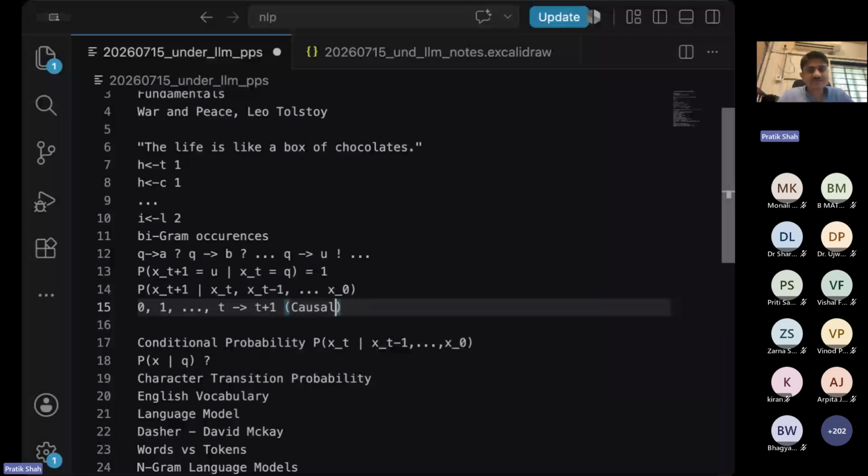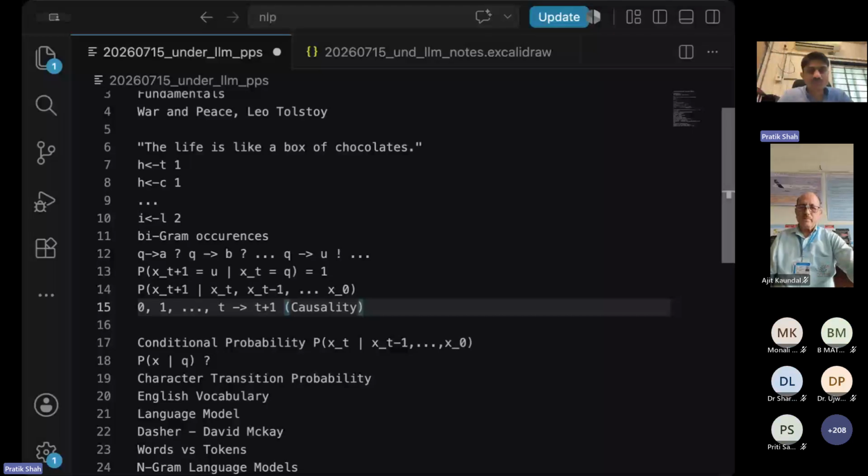Cause and effect essentially means something happened because of which something is observed. So up to t, I have observed the sentence. I have observed the sequence of characters. I want to find out what happens at t plus 1. So this is the causality with which most of the one-sided models would work.